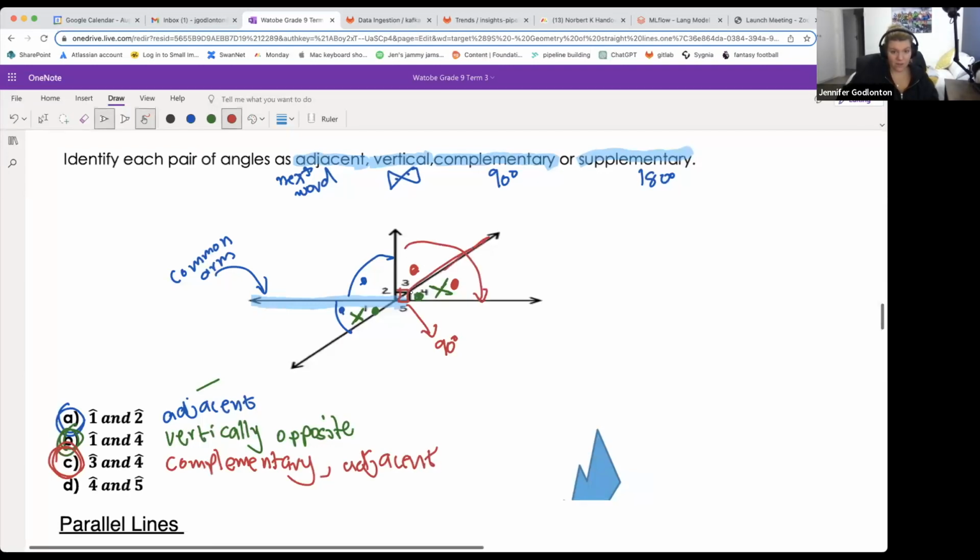They share this common arm and they are equal to 90 degrees. So we actually wouldn't be able to work out what their angles are because we don't know if it's being bisected. They haven't told us that they're equal.